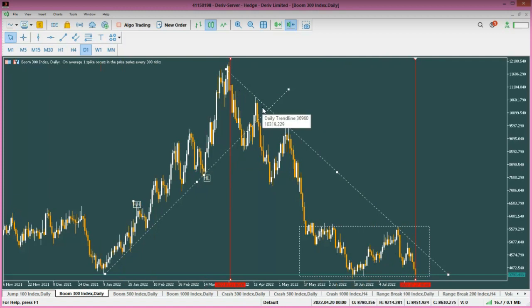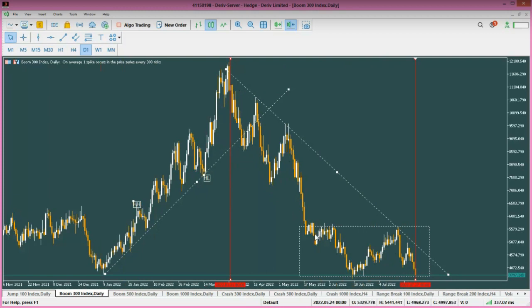You see, this one is our high, but then this high is lower than the previous one. This high is lower than the previous one. But then what about the lows? This low here is lower than the previous low. This is the lower low. You see?